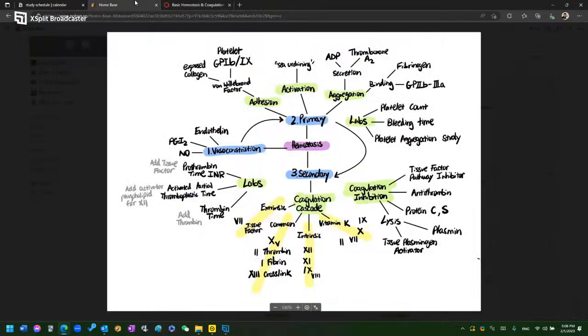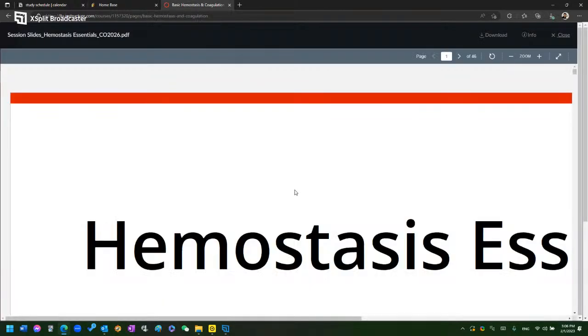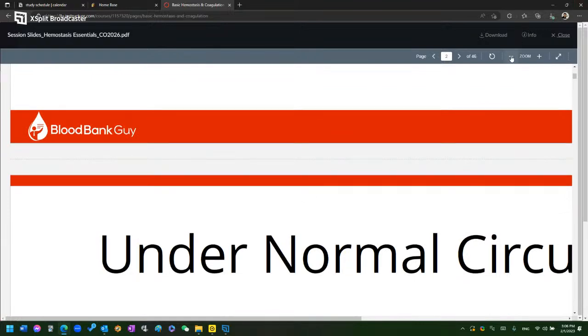There are 3 steps to hemostasis when we have a bleed. So first, the first instinct of our body is to vasoconstrict and tighten those blood vessels so we don't lose quite as much blood, and that's mediated by our nitric oxide, PGI2, endothelin, but these are all involved, but not all of these vasoconstrict actually.